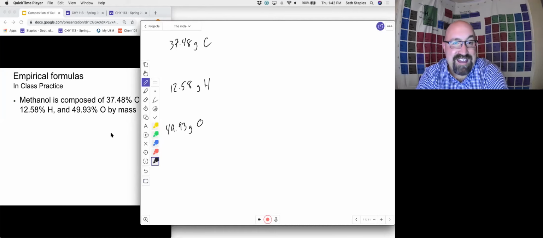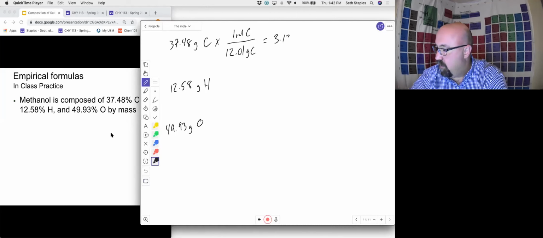What we're going to do next, step 2, is just to convert all of these to moles. And so we're going to use our molar mass. So 1 mole of carbon, we look on the periodic table, 12.01 grams. And we plug this in and we get 3.12 moles of carbon.